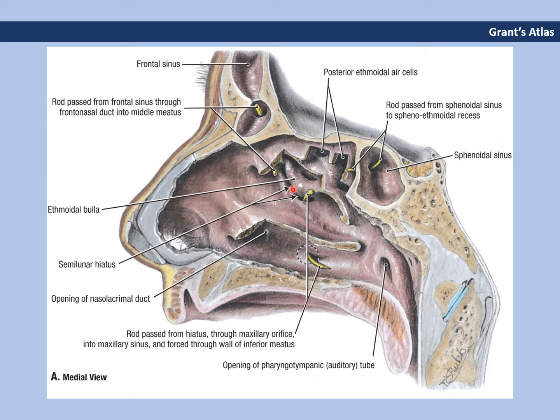The hiatus semilunaris is here, this moon-shaped structure deep to the middle concha in the middle meatus, and you can see this little yellow probe going through that space. The sphenoethmoidal recess is posterior to the superior concha and is shown here.